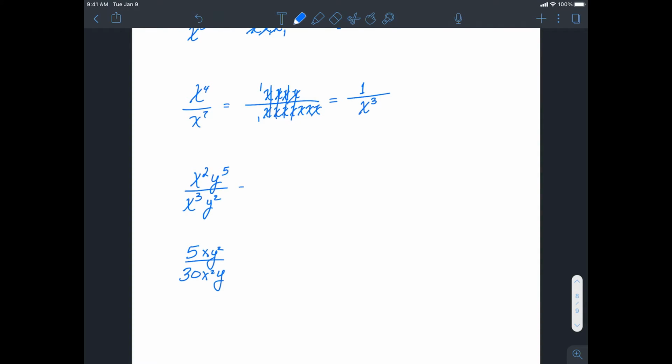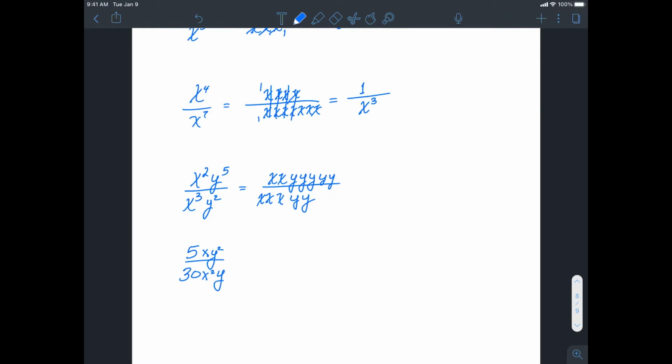The next example, we can expand over. Now this one, we can divide out both x's and y's. I'm missing an x down here.